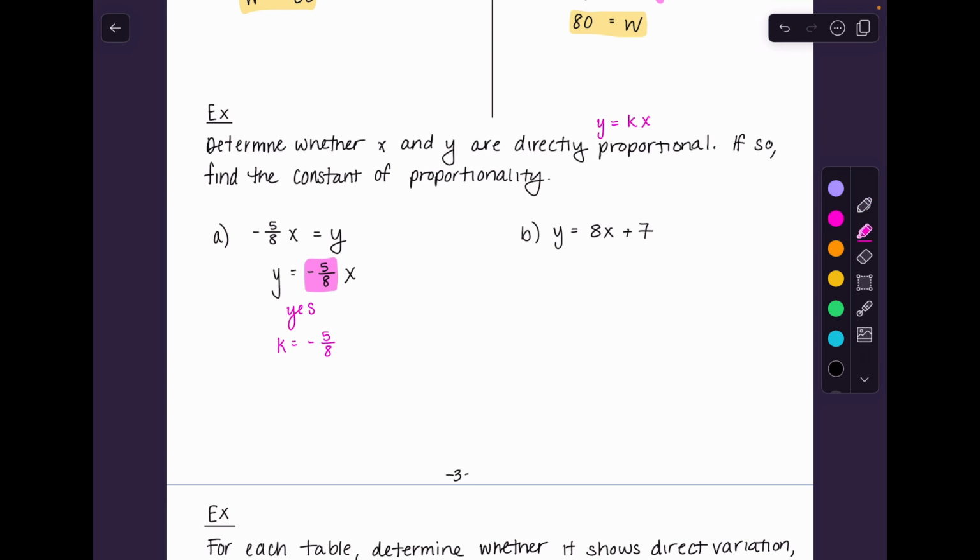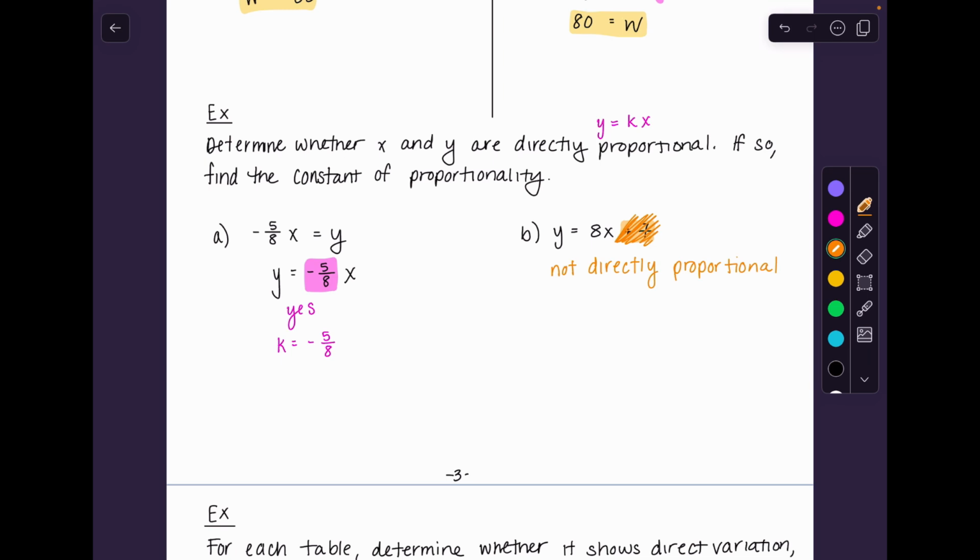Okay. For b, if you look at this, it has the form y equals mx plus b, so it is a line. However, it is not that form a constant times x. So I've got this +7 at the end. This means it's not directly proportional. Or we don't have a case of direct variation. Okay? If this was gone, then I would be sitting pretty.